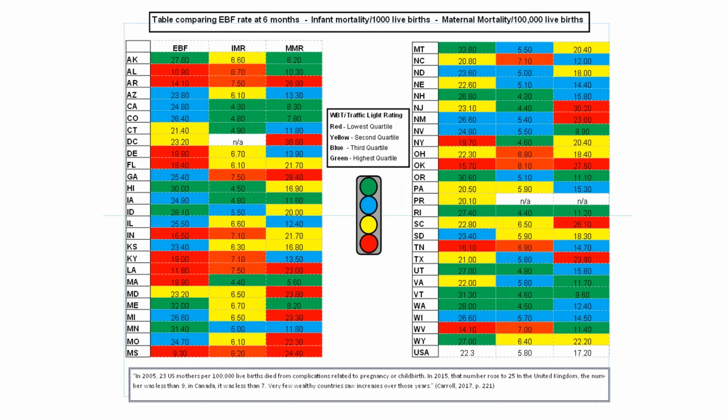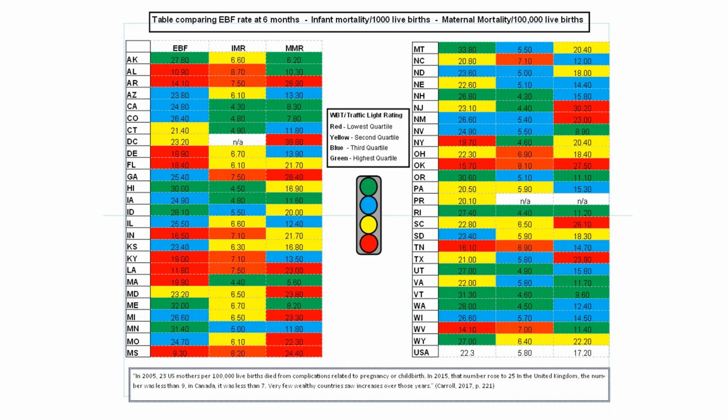One of the pieces that we did as part of looking state by state was to put the exclusive breastfeeding rates according to the breastfeeding report, the infant mortality rates, and the maternal mortality rates together.